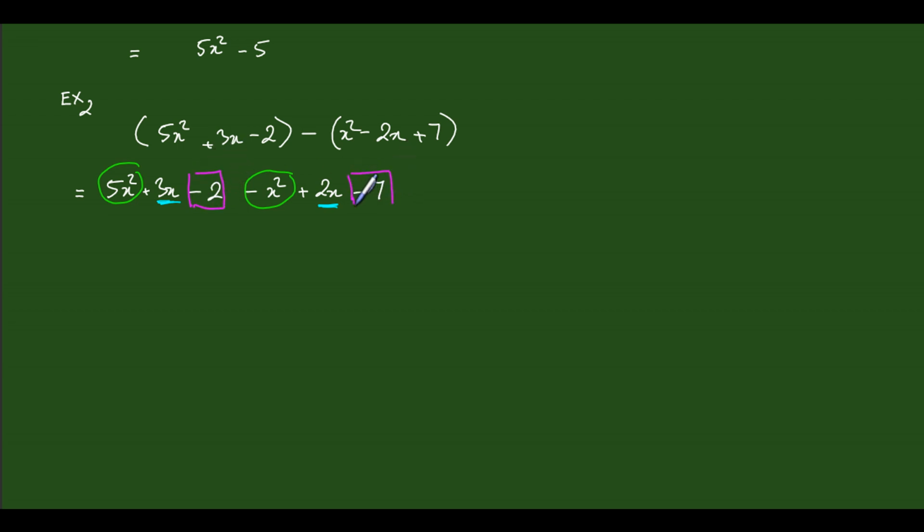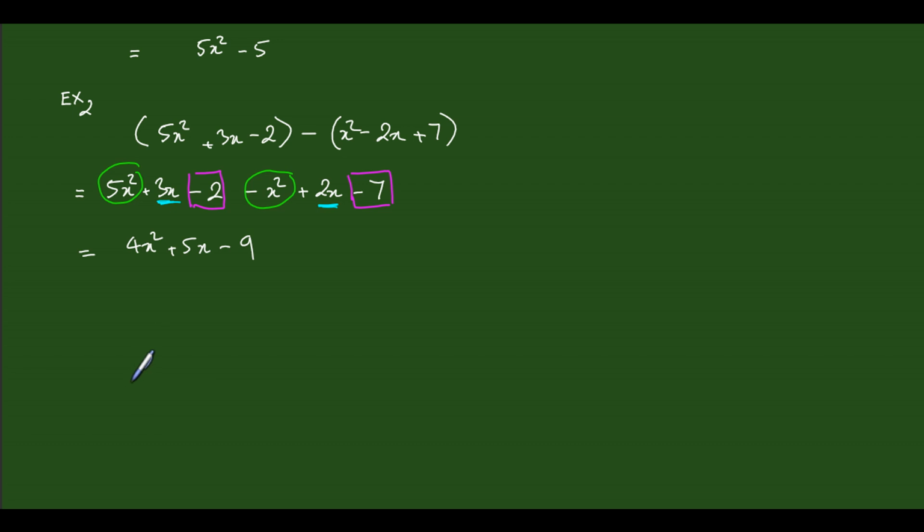Alright, now I'm just going to go ahead and combine all similar terms together. So 5x squared minus x squared is 4x squared. 3x plus 2x is 5x. Negative 2, negative 9, and negative 7 is negative 9. So that will be your final answer. Okay, that's the second example.